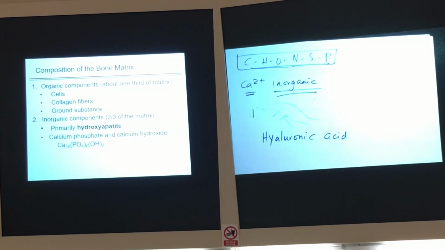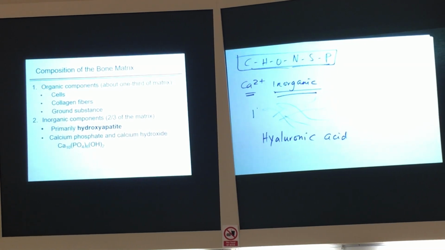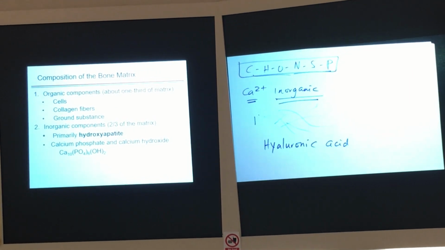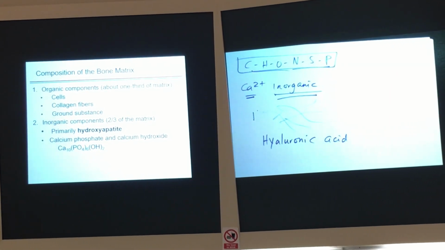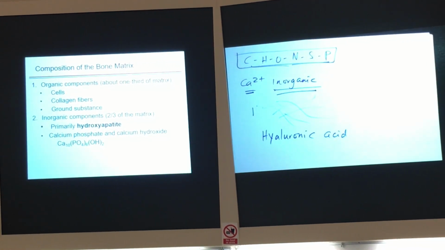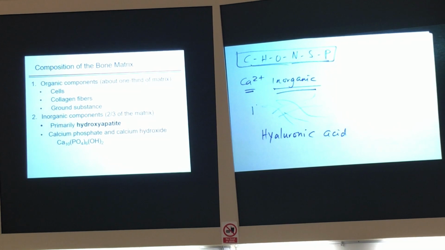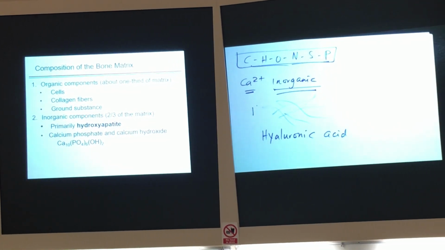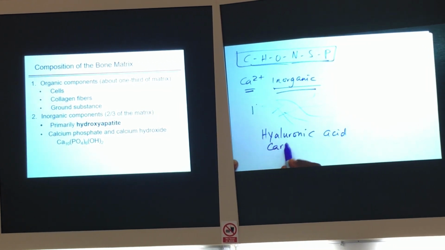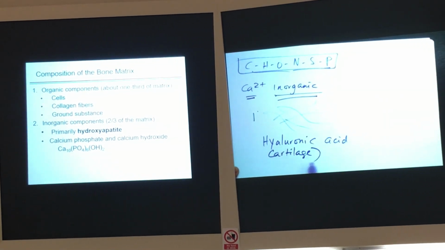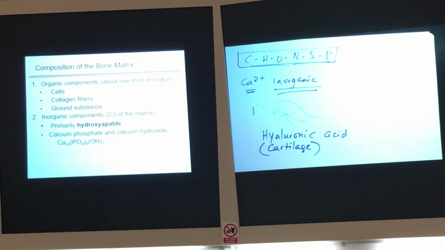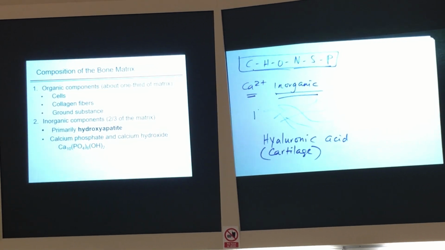If you remember this, I said nowadays lotion companies are adding hyaluronic because it holds moisture. So now it's like a new brand on a lotion to see hyaluronic acid because it can hold moisture. So this is in cartilage. In the bone, hydroxyapatite, which is calcium, phosphate, and calcium hydroxide.